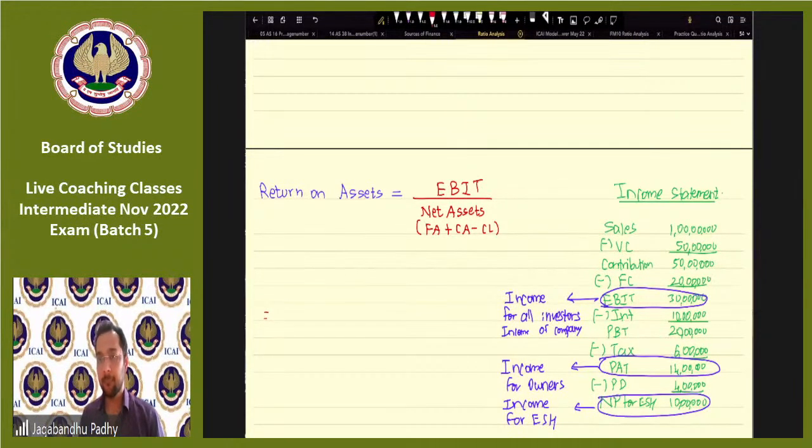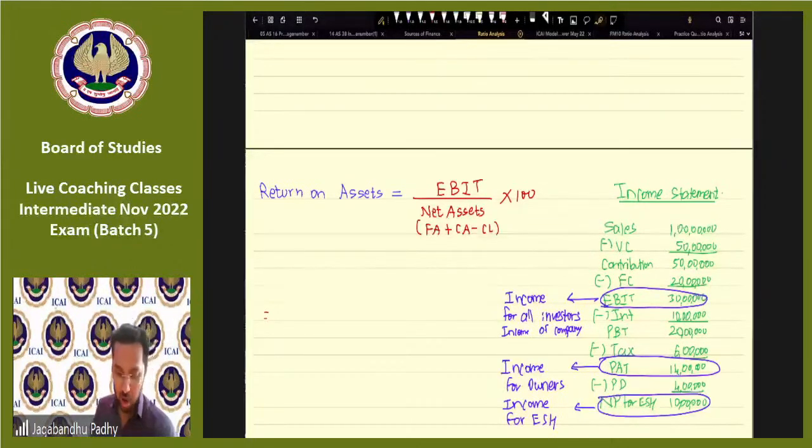Yeah? Yes. I'm not talking of equity shareholders. I'm talking of total assets or the net assets that the company is having. Definitely, sir, it is EBIT. Right? So EBIT upon net assets into 100 will give you return on assets.